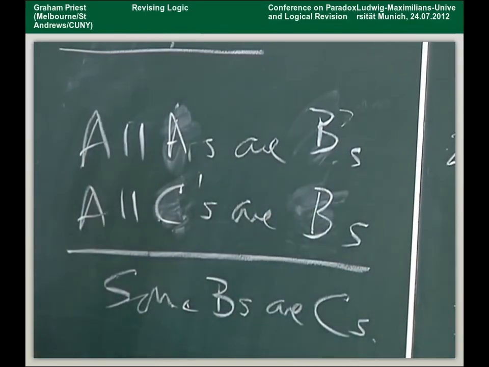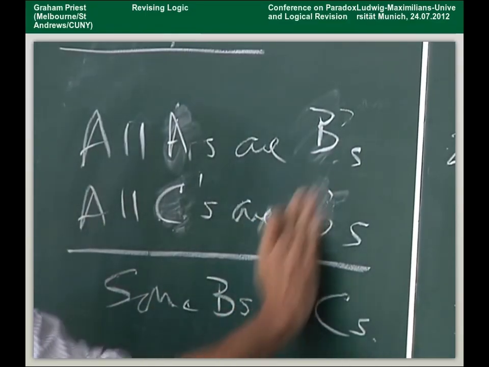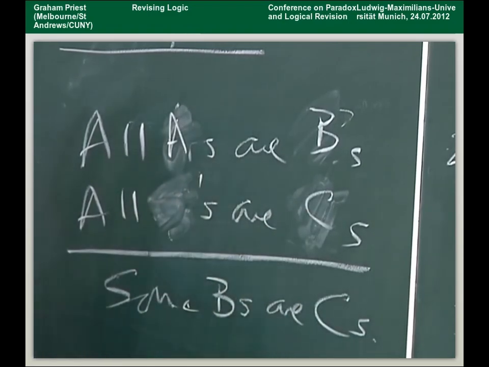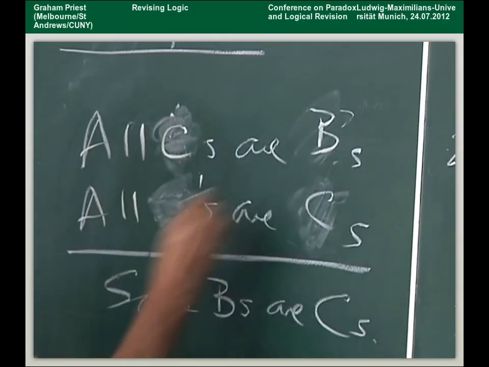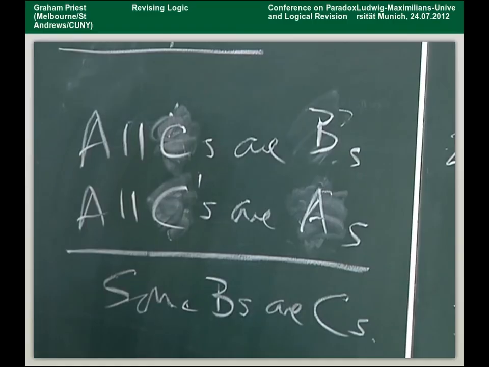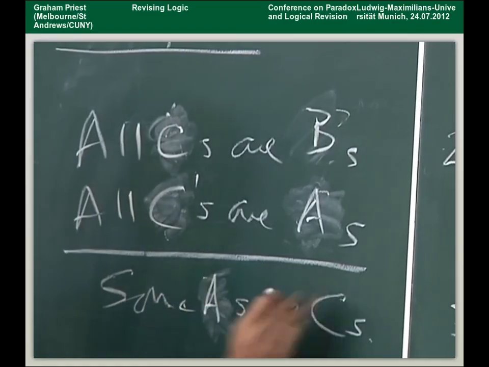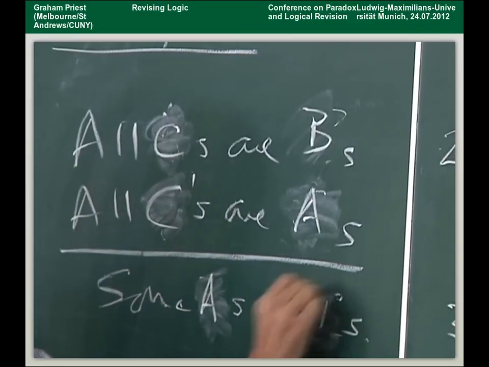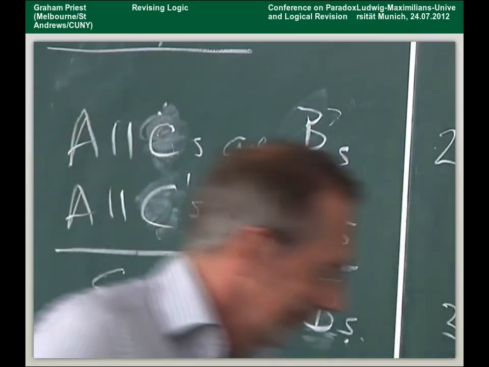How about that? No. No? Hang on, let's get this right. All C's are B's. All C's are A's. So some A's are B's. Thank you. Is that right? Yep.